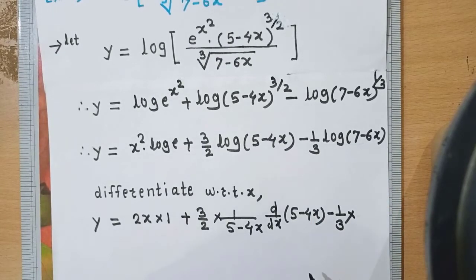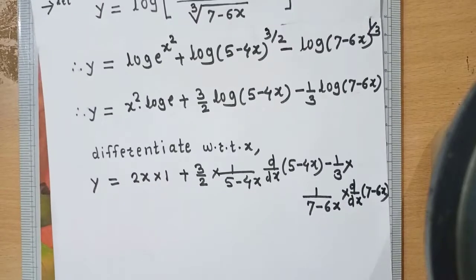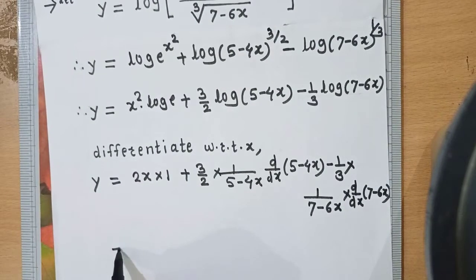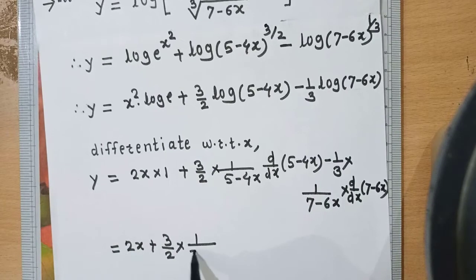Here also use log fx formula, which is 1 upon 7 minus 6x into d by dx of 7 minus 6x. So again in the next step, that is equal to 2x plus 3 by 2 into 1 upon 5 minus 4x.